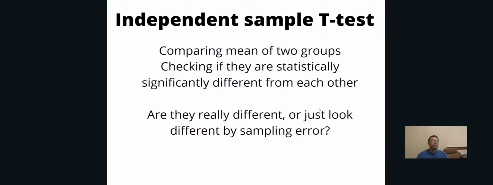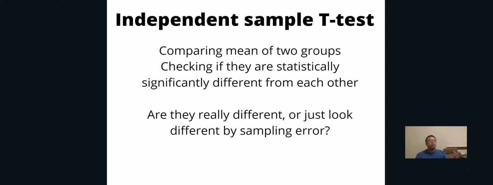But now, within one population, when we have two groups, and again I stress two groups, it means that when we have 3 or 4 groups, we cannot use the independent sample t-test; we can use it only when we have 2 groups.